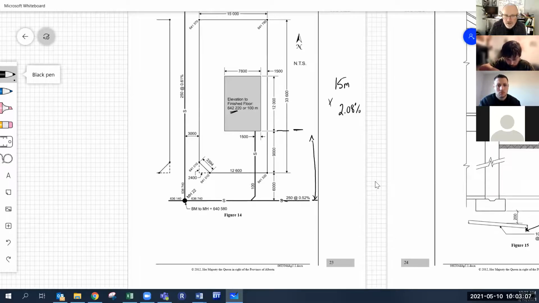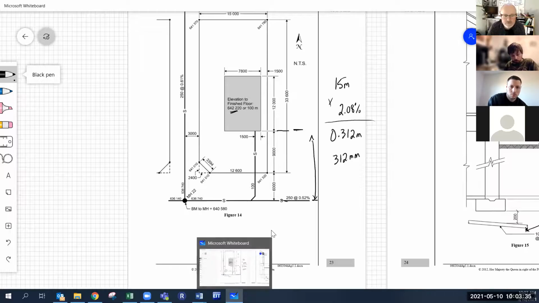So I take my run and multiply it by my grade. Fifteen times 0.0208 is 312 millimeters, either way.